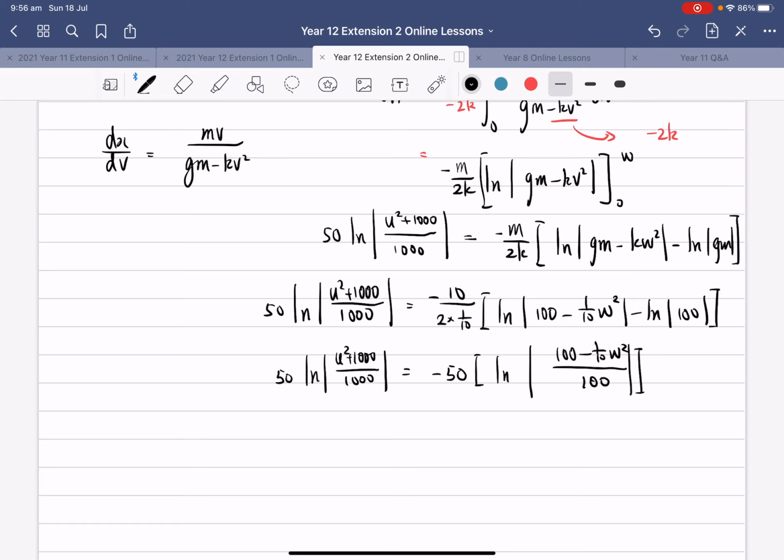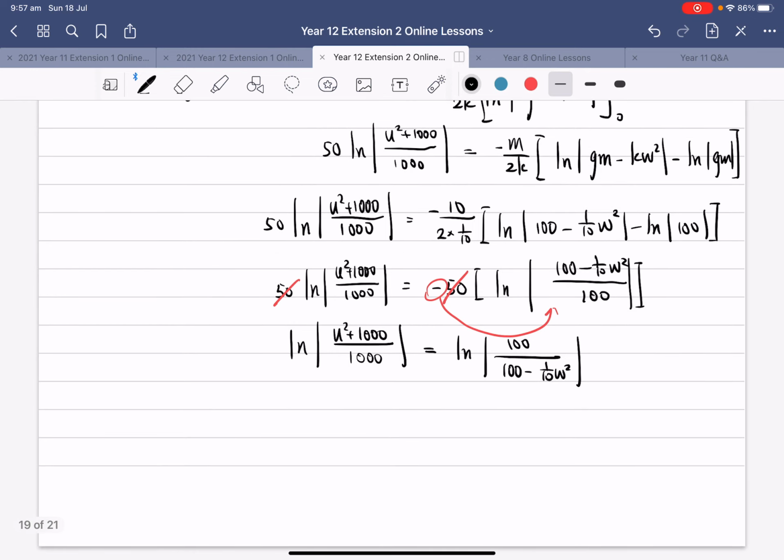Almost done. Now I can just cancel the 50 with negative 50. We do have a remaining negative, which I can put inside and take the reciprocal. So that gives us ln of u squared plus 1,000 over 1,000 is equal to ln of 100 over 100 minus 1 over 10 w squared.